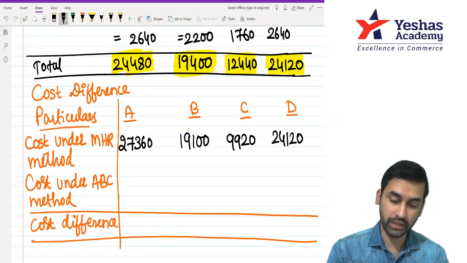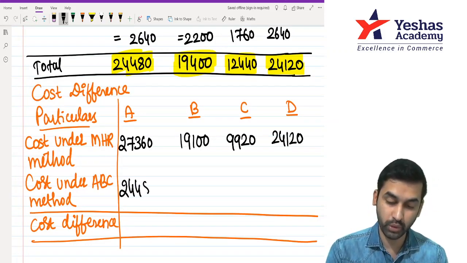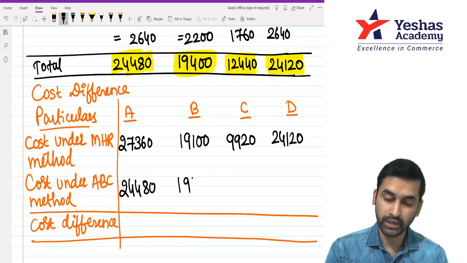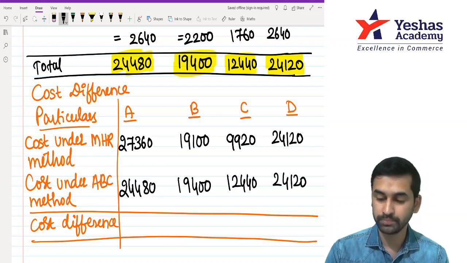Next, under ABC, that you have here itself: 24480, 19400, 12440, 24120.